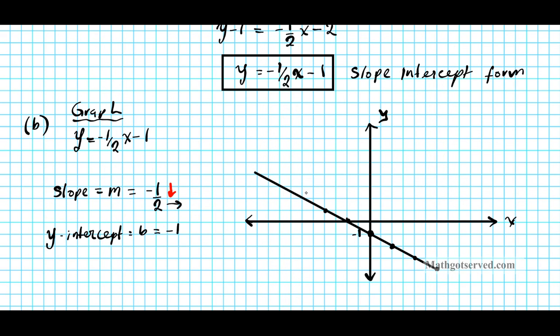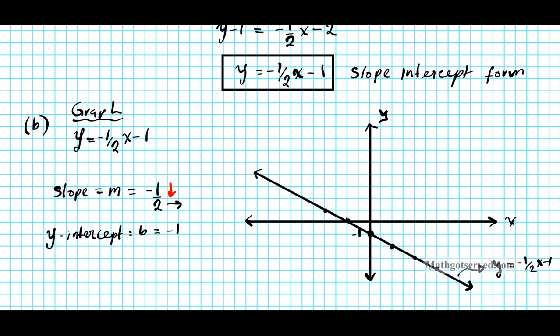All right, so there goes your line graphed. Put in the arrows to indicate that they go on for eternity. And then let's label our line. This line is a line with the equation y equals negative 1 half x minus 1.